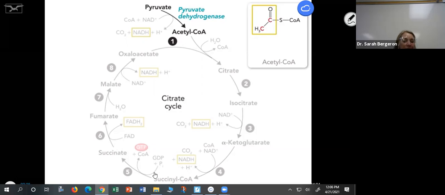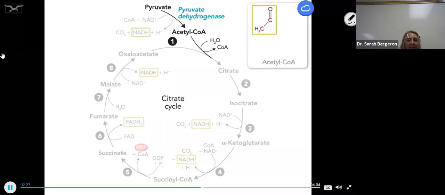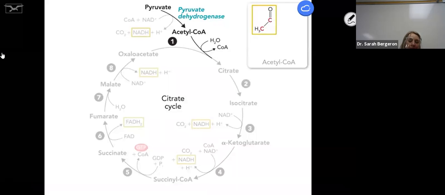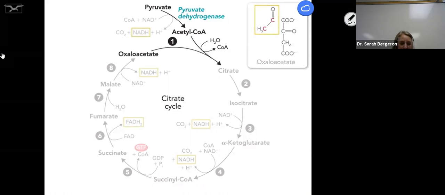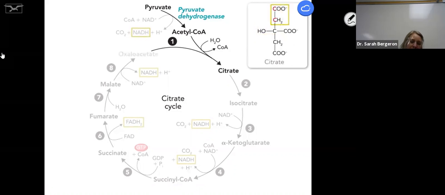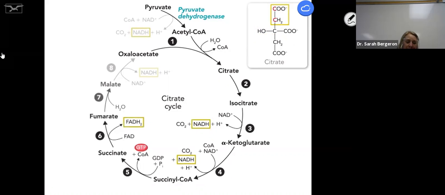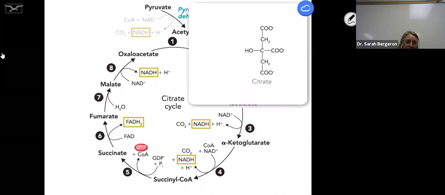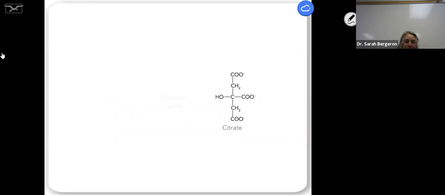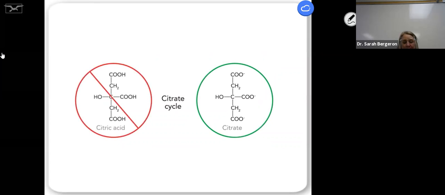Acetyl-CoA to oxidative decarboxylation by catalyzing its addition to oxaloacetate, forming citrate. Oxaloacetate is regenerated in the last step of the cycle, so it can be reused as the substrate for the first step. Note that the metabolic cycle is referred to here as the citrate cycle because citrate exists predominantly in the deprotonated form at physiological pH and is therefore not an acid in living cells.